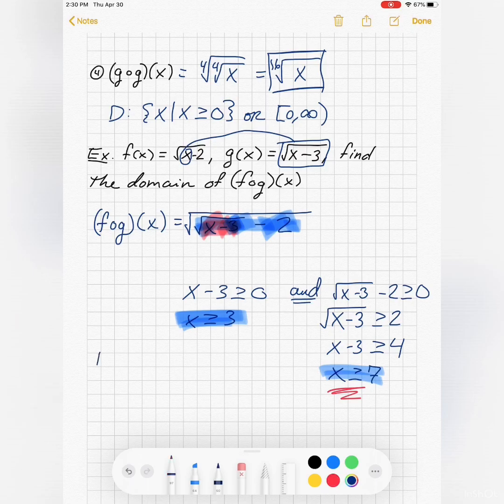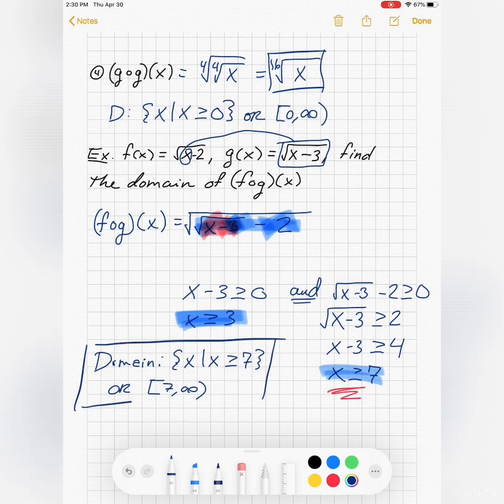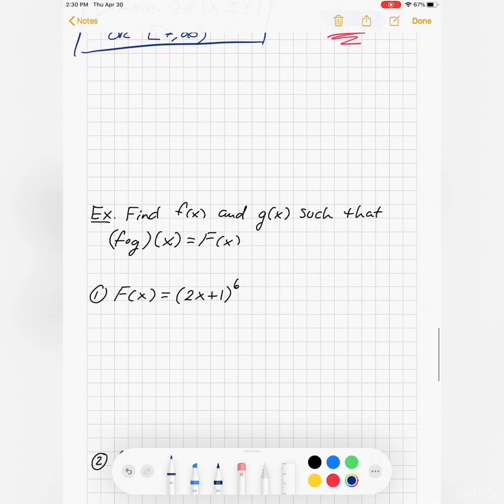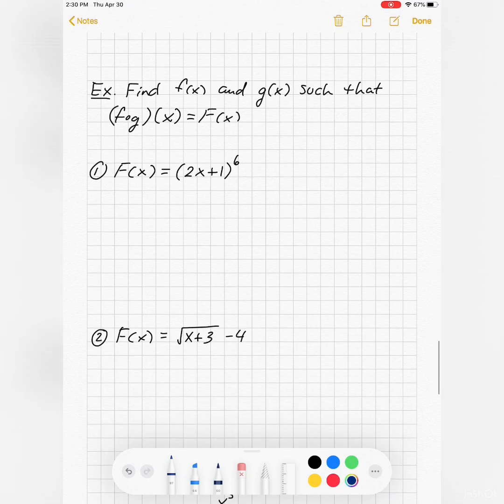So when I write the domain of this, I would really just be writing this, right? Because that would account for x also being greater or equal to 3.